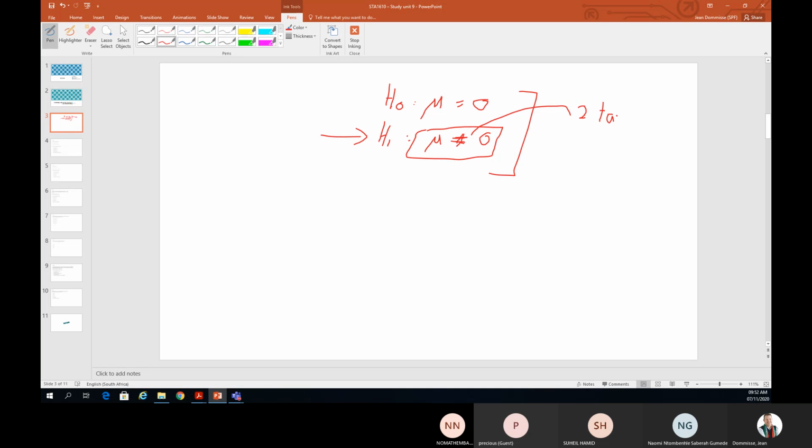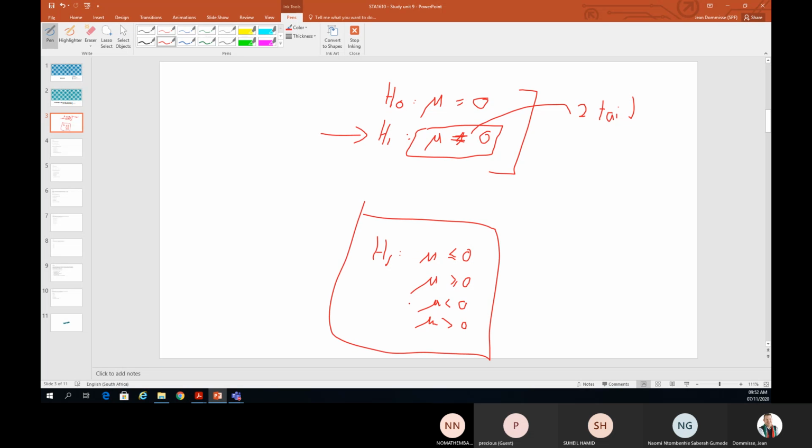For all the others, it will be a one tail. The one tail can be smaller than, bigger than, or equal to.